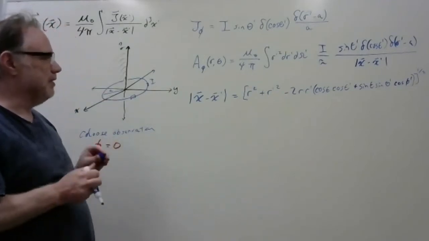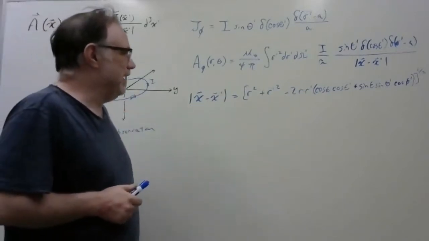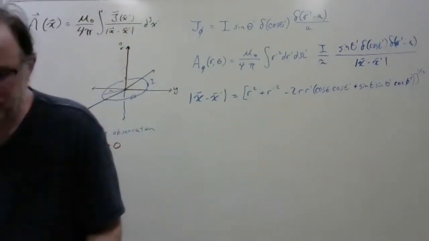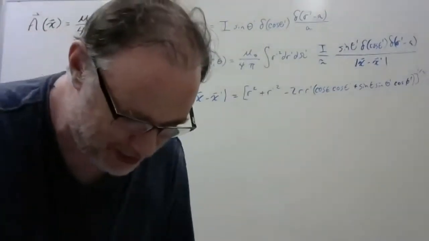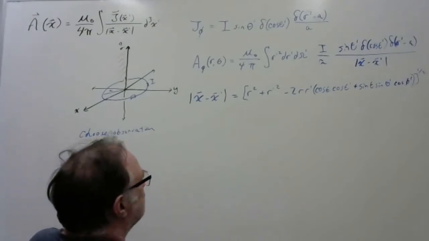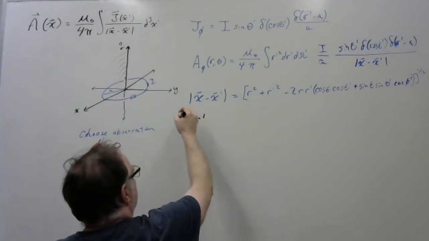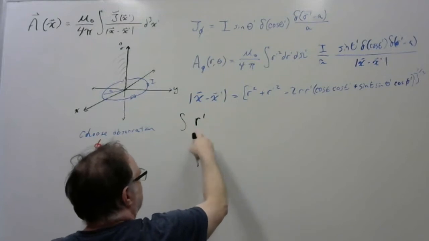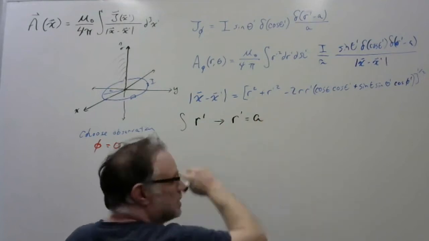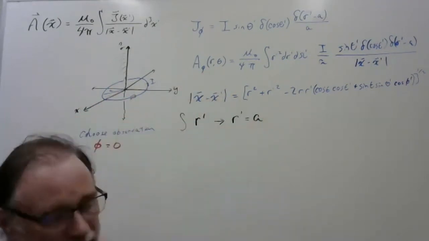Now there are a couple of simplifications we do have here. When we put this in, we're going to do the r prime and theta prime integrals at once, as Jackson does. When we integrate over r prime, every r prime in this formula and the one up there has to be replaced with an a.